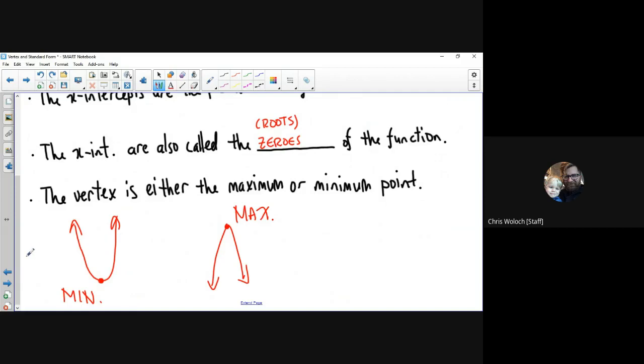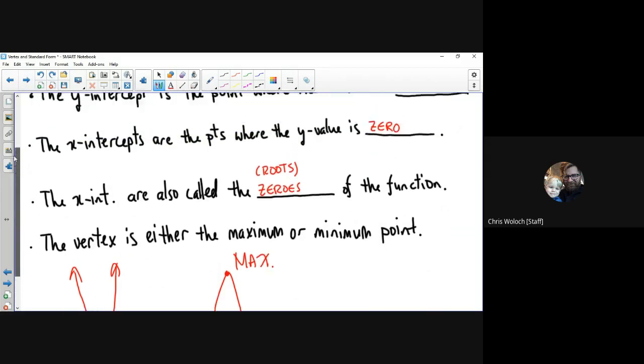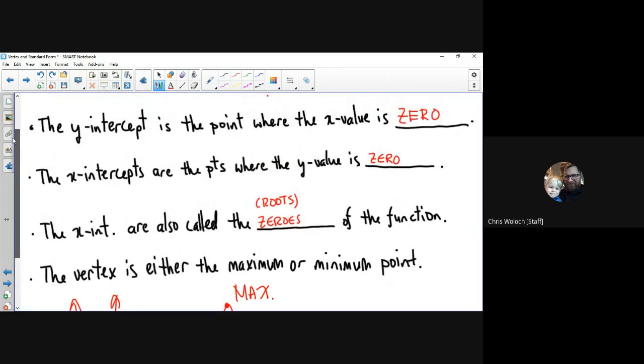Again, if we remember these ideas, then it helps us in solving some questions. And nothing really drastically new here.